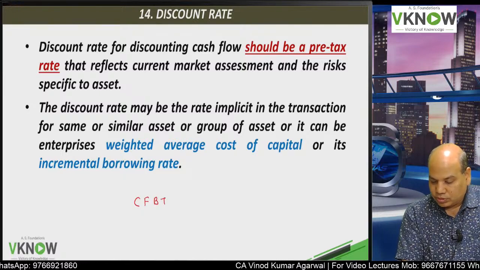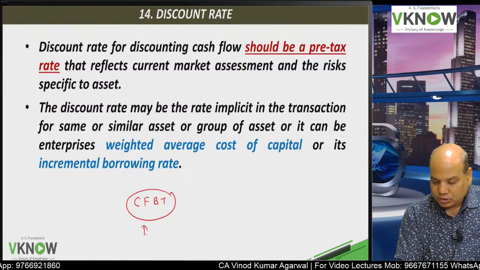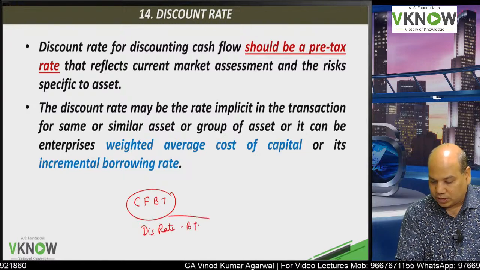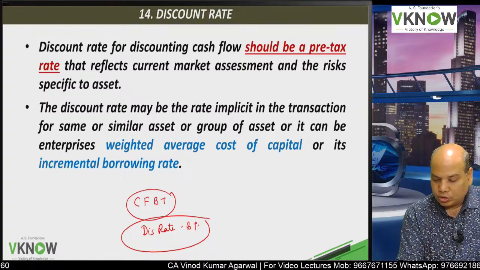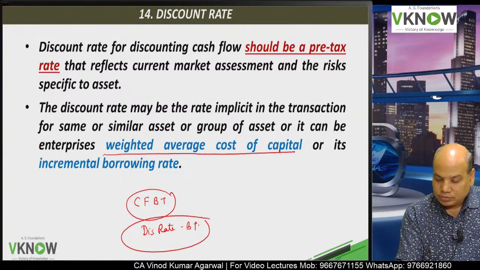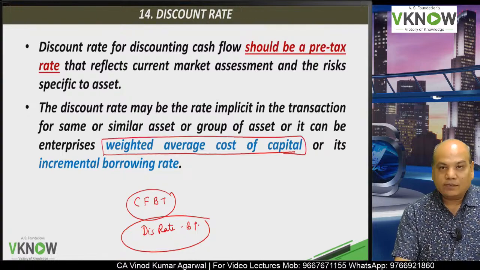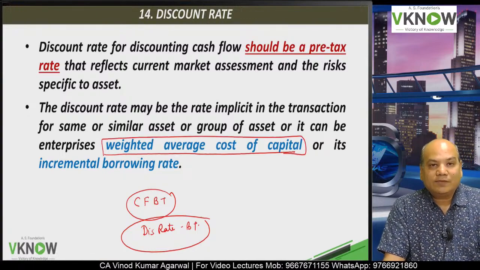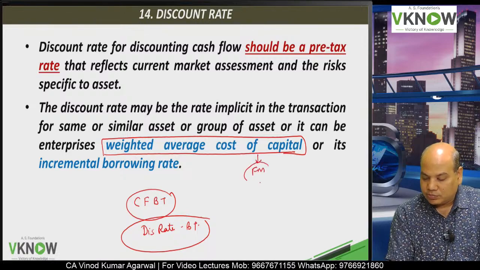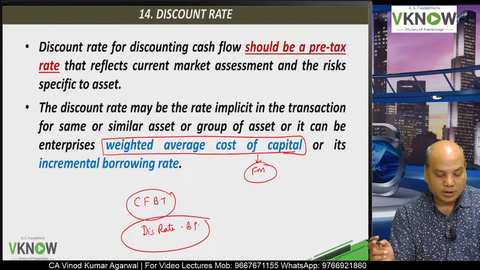Discount rate should also be before tax. Or you can take the weighted average cost of capital of the company. Weighted average cost of capital means the average of the cost of different sources of finance. More about this in the FM subject chapter called cost of capital.